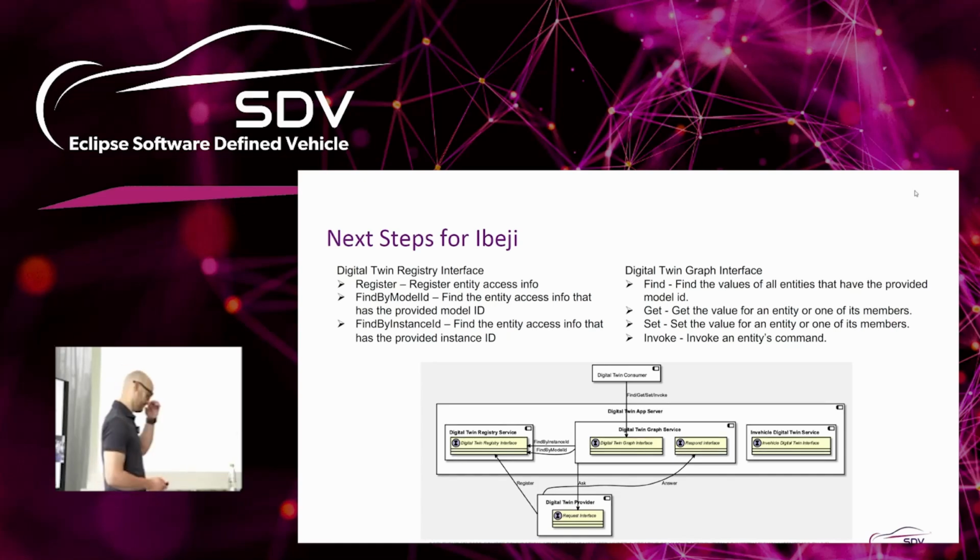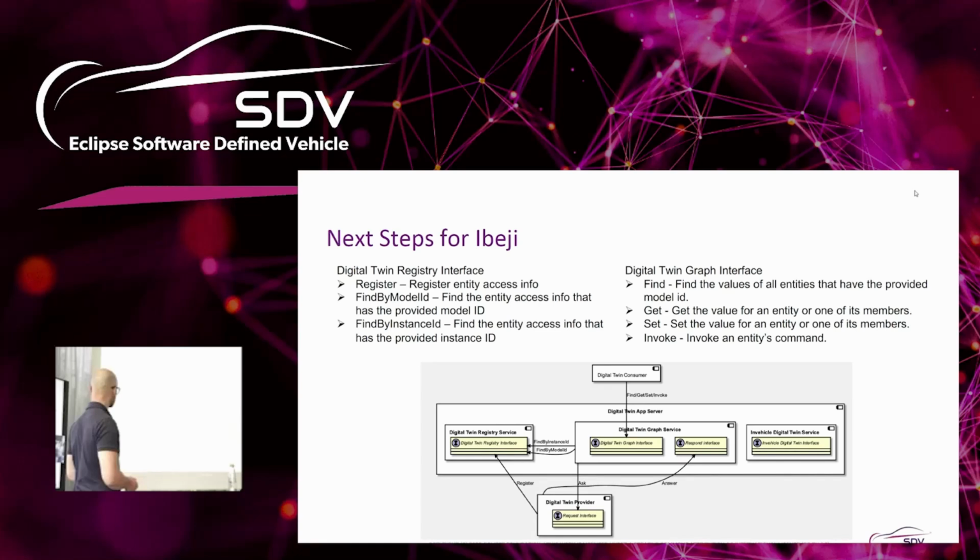Now, I've got details of the interfaces for both the digital twin registry service and the digital twin graph service on the slide. Let's focus on the digital twin graph interface for the matter of timeliness.